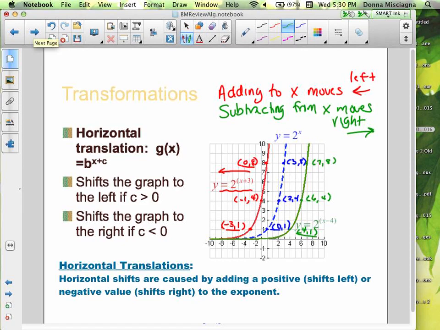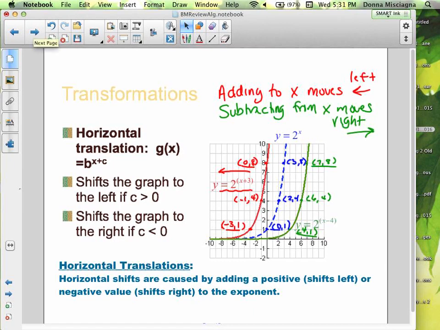Well, with 2 to the x, I only had to plug in 0. If I want to get to 8, I've got to plug in 7 now instead of just 3. So now I'm going to have to plug in a number that's 4 greater. So horizontal shifts are caused by adding a positive, which will shift it left, or a negative value, which shifts it right, to the exponent.